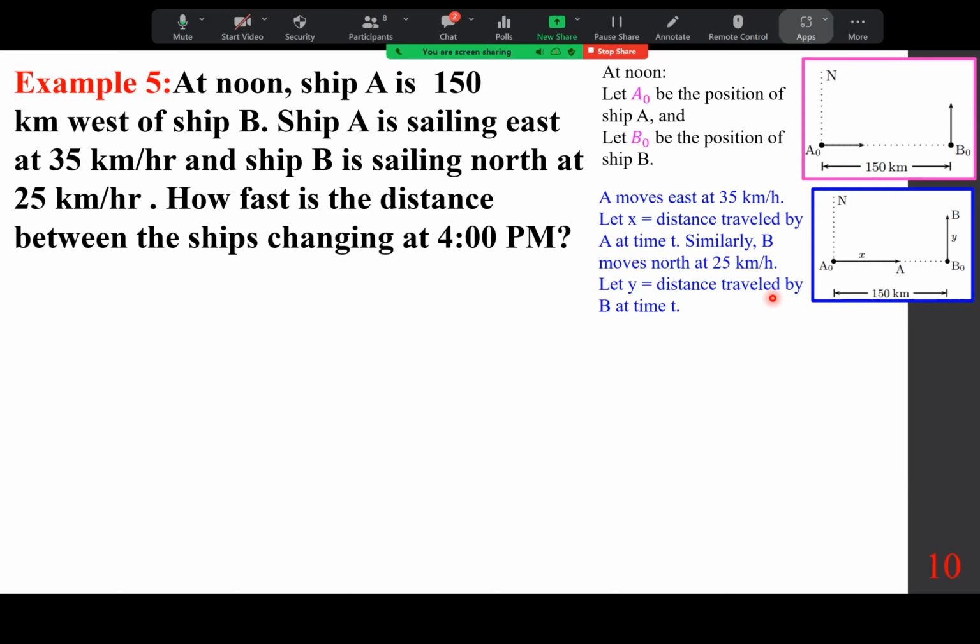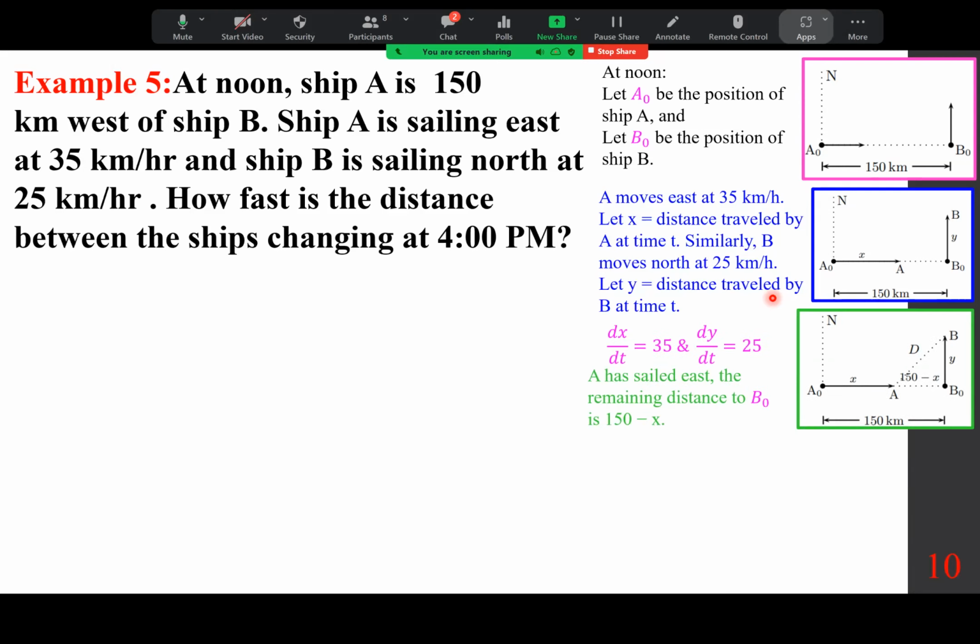So what it creates is the following situation. We have moved from here to here. We have traveled x amount for A, and B has traveled the y amount, and the total distance originally was 150 kilometers. So if this is covered by A, of course, dx/dt is 35, dy/dt is 25, those are the speeds.